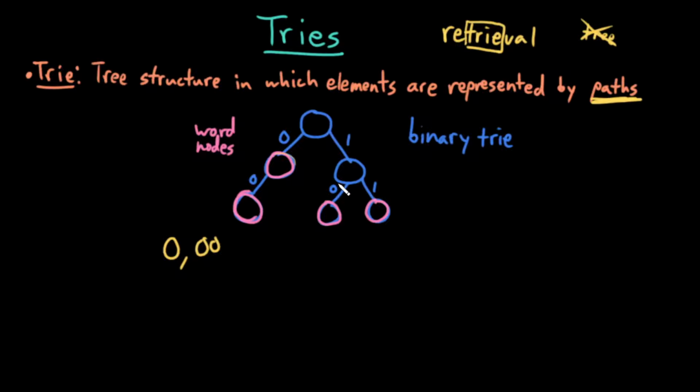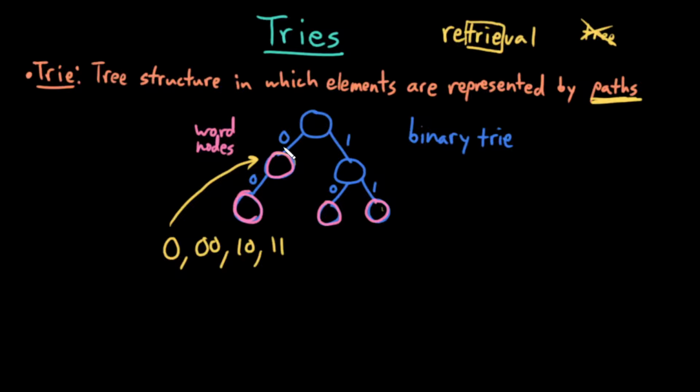Then 1, 0 is also a word, because the concatenation of the labels from the root to this word node is 1, 0. And here's another word node, which means the concatenation of the labels from the root to this node is also a word: 1, 1.